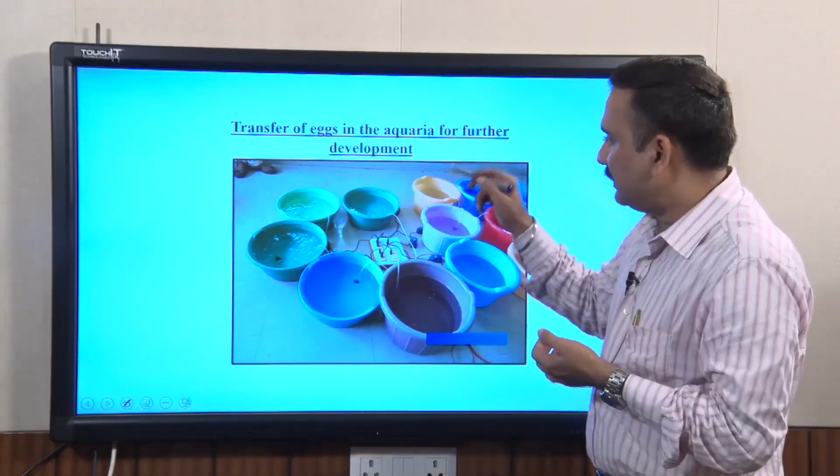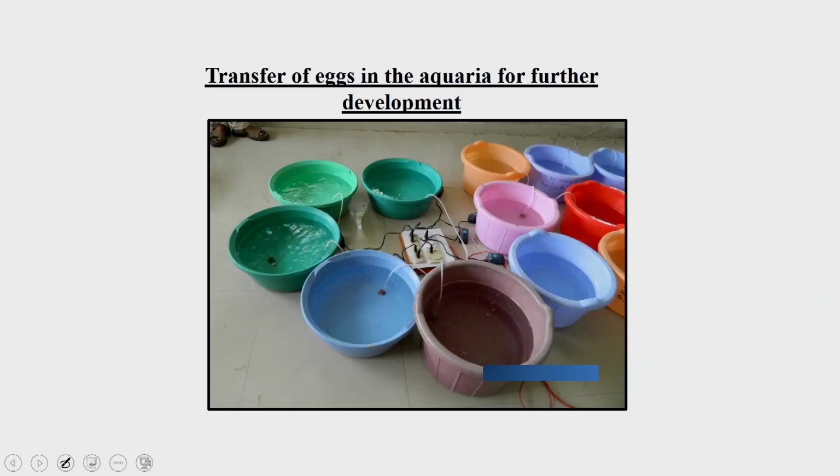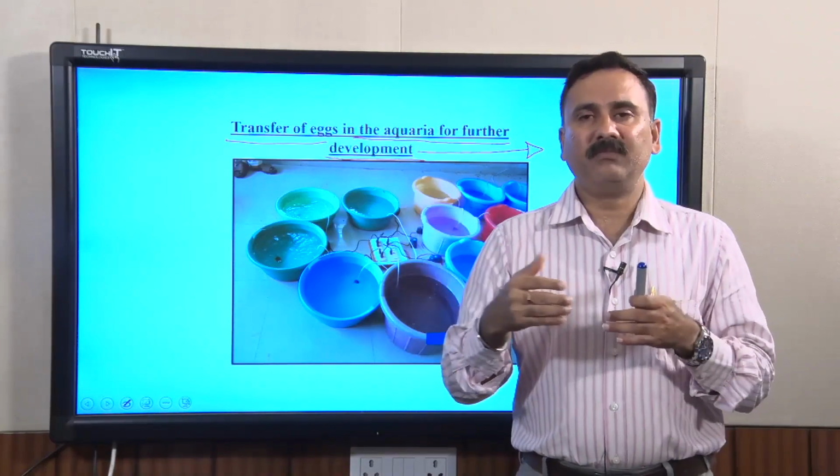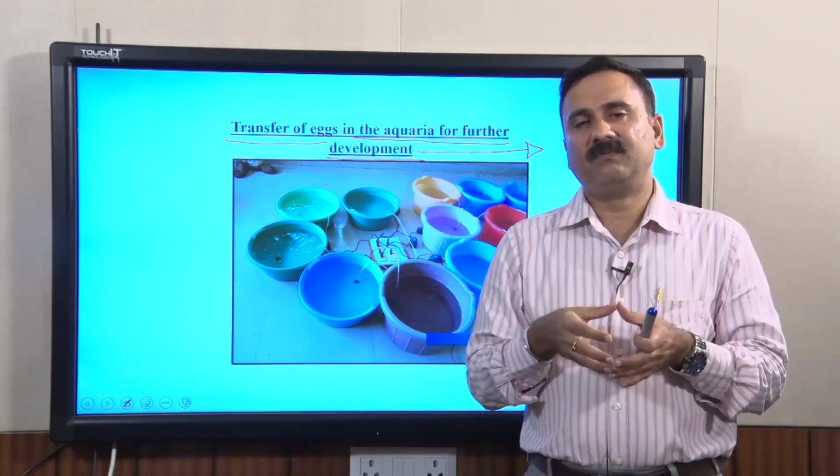During this process, since you have to keep changing the aquaria, you have to keep transferring the eggs to fresh aquaria, so that they have more oxygen and better conditions. That will help these eggs develop into embryos, and then into hatchlings, and that is how you can overcome the breeding problems in different types of fishes.